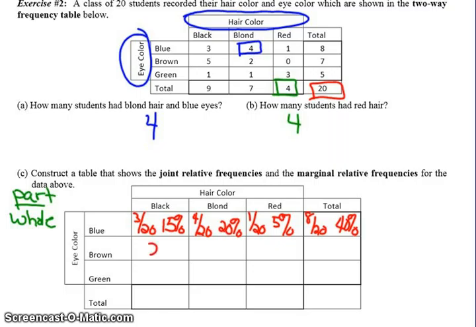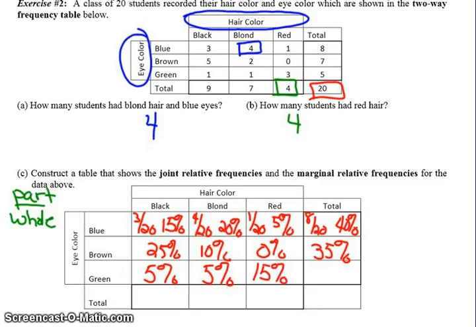So brown is 25%, brown and black. Brown and blonde is 10. Brown and red is 0, because there was a 0 there. And total for brown eyes is 35%. Green eyes, so we have 5%, and another 5%, and 15%, and then a total of 25%.